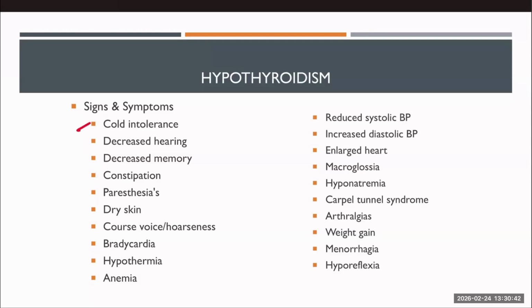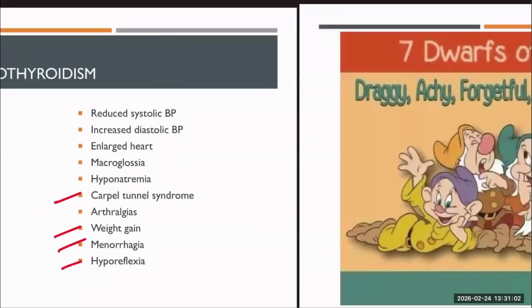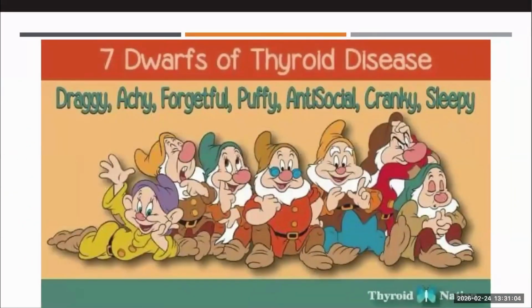The big ones, cold intolerance, constipation, paresthesias, dry skin, bradycardia, hypothermia. What else is a big one? Carpal tunnel, weight gain, hyporeflexia, menorrhagia are the big ones that you'll see when they come in with complaints of hypothyroidism. It's another way of looking at it. All the different ones for hypothyroidism.